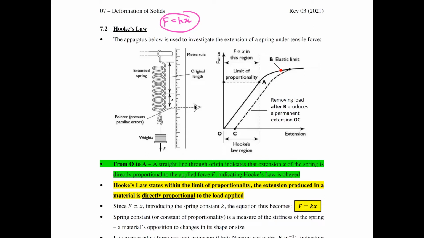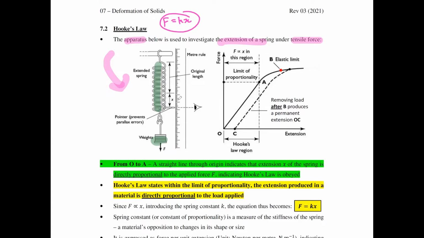If you want to investigate the extension of a spring under a tensile force, under the action of a pulling force, you will normally use an apparatus that looks like this, where you have a spring and then you attach a load onto the spring so that the spring extends. Then what you're interested to know is how much would the spring extend?